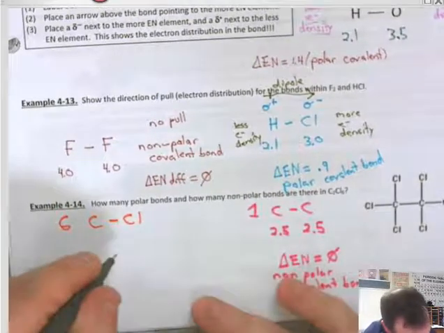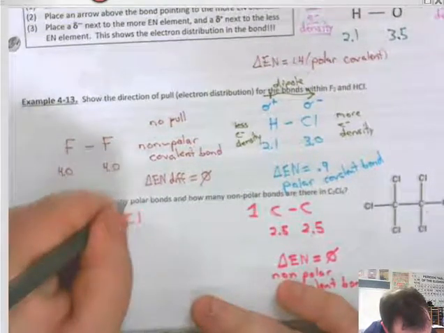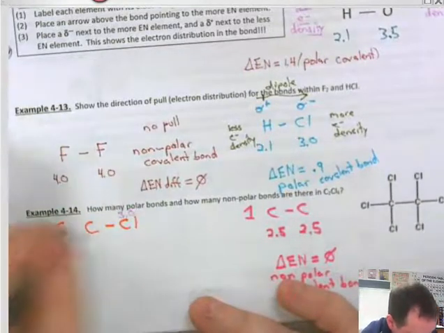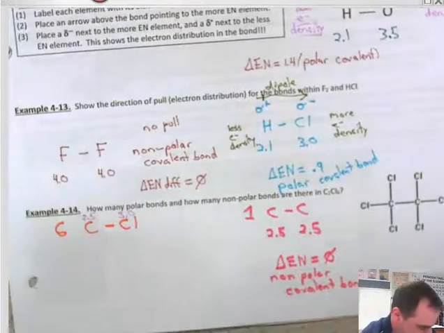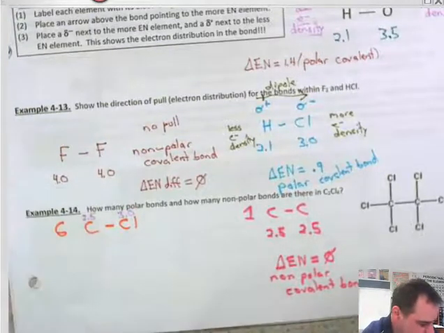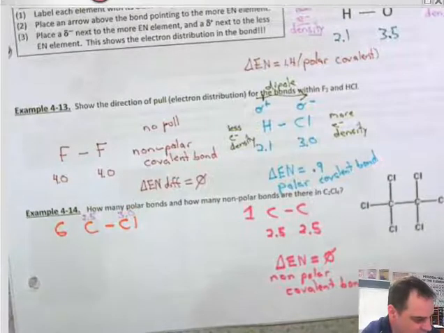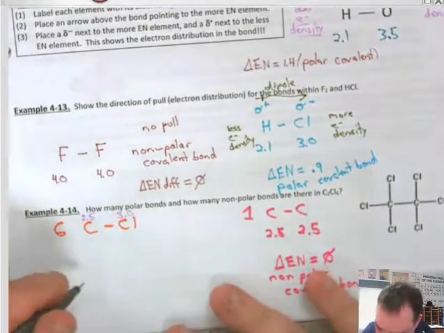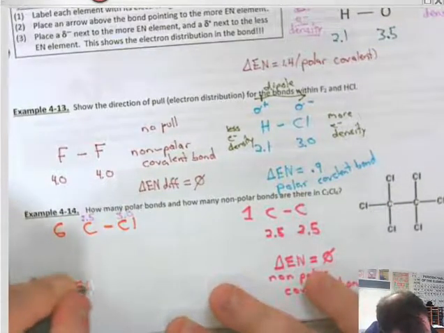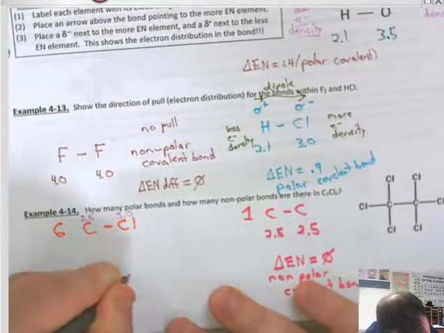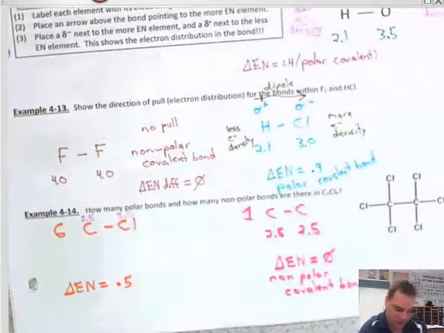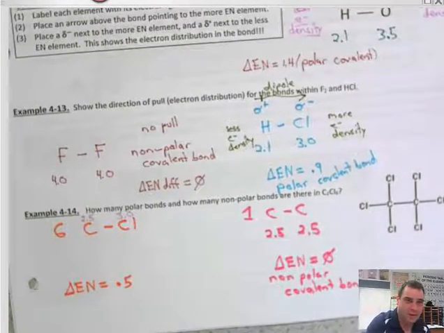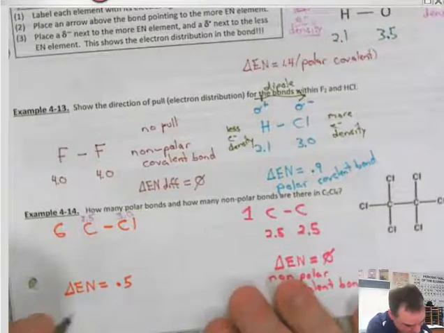Carbon and chlorine here. Chlorine has an electronegativity of 3.0. Carbon has an electronegativity of 2.5. The electronegativity difference is 0.5. 0.5 is between 0.3 and 1.7, so this must be a polar covalent bond.